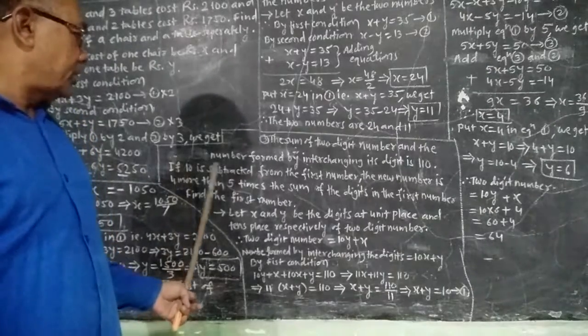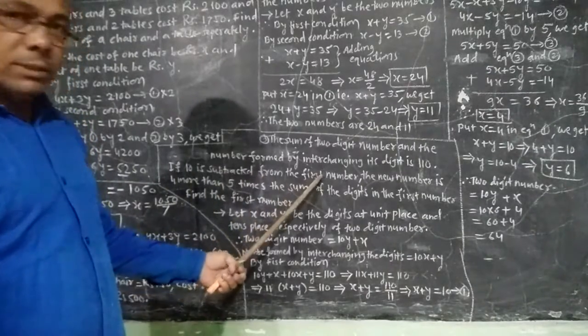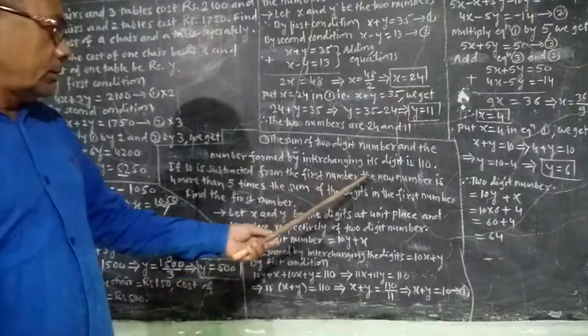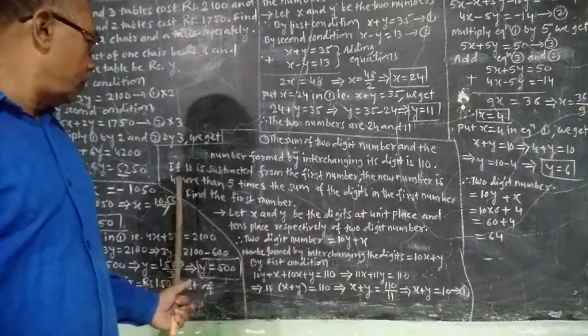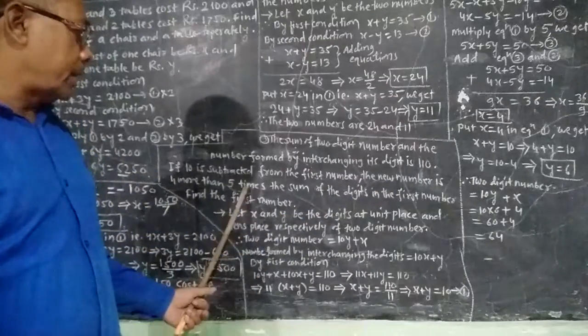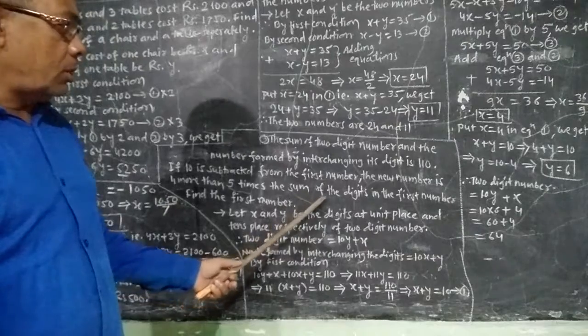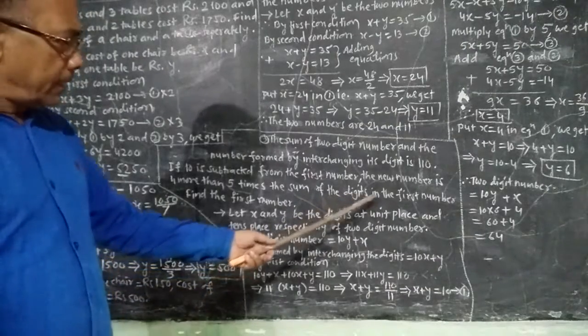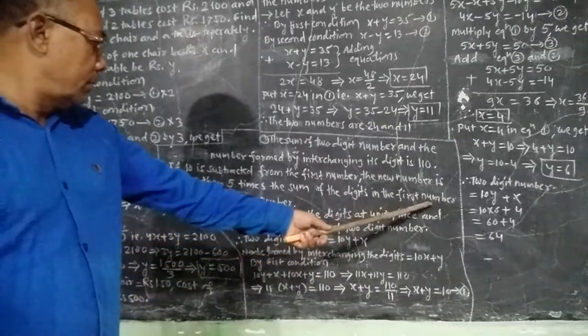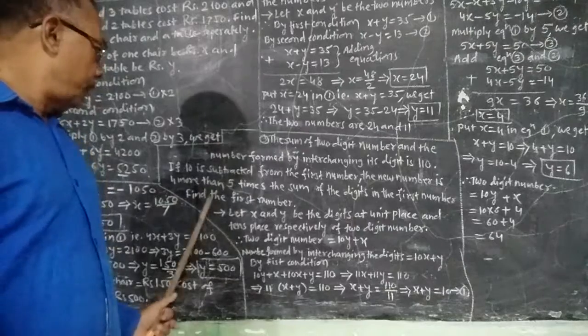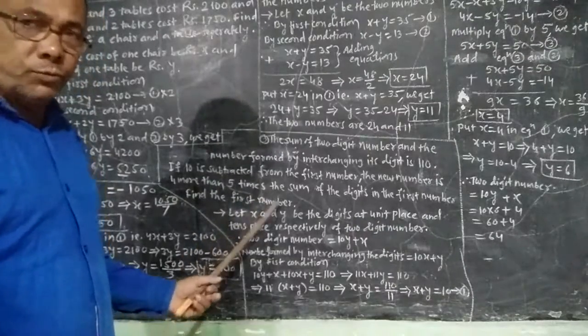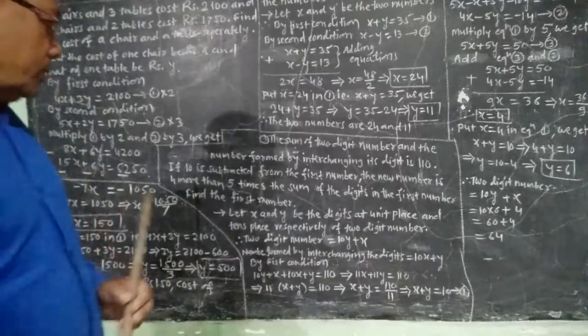If 10 is subtracted from the first number, the new number is 4 more than 5 times the sum of the digits in the first number. So find the first number. So which was our first number we have to find.